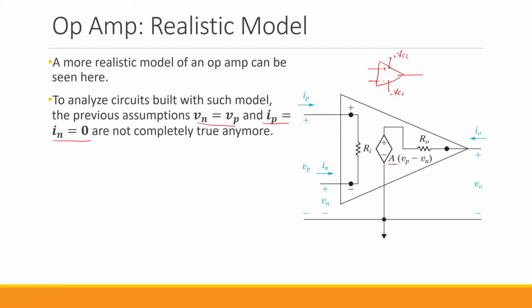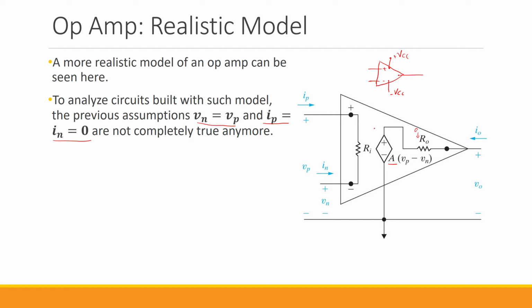Also, another assumption we usually make when we design op-amp circuits is that Ro is zero. But in reality, it is very small, but not necessarily zero. So this is a more realistic model for the op-amp that is very common to be used in practice.